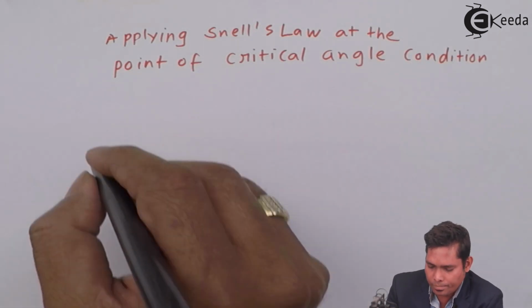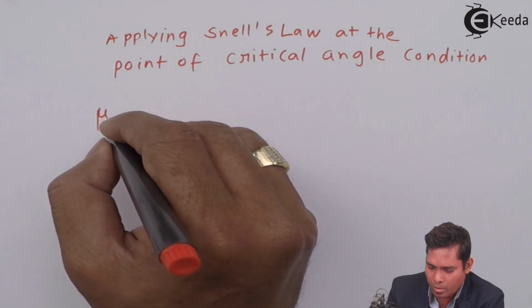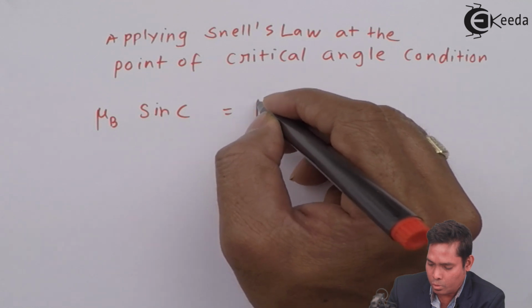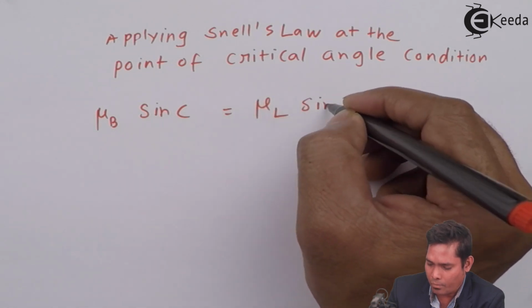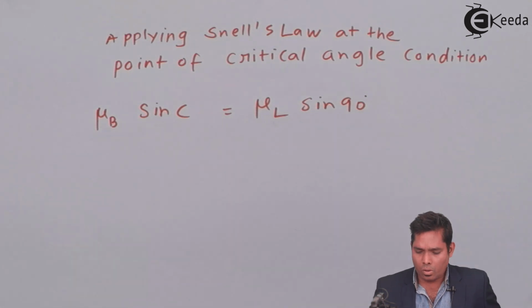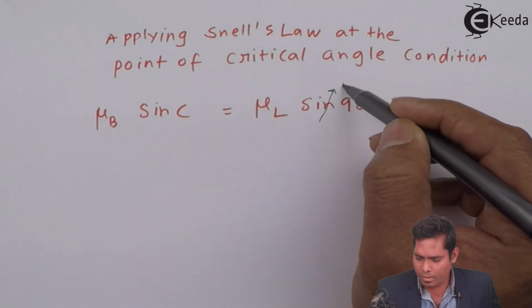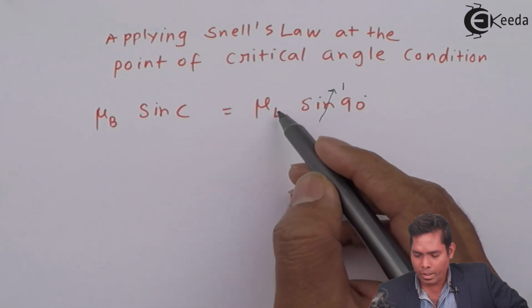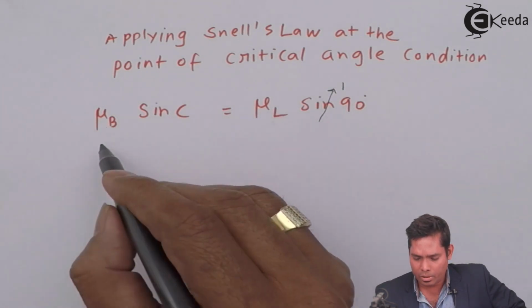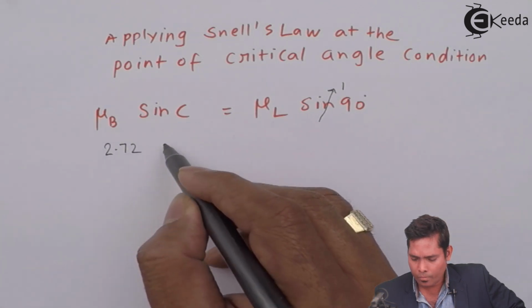We have mu block sine of c equals mu of liquid sine of 90. So sine 90 is 1, mu l we have to find, and mu block is given, which is 2.72.